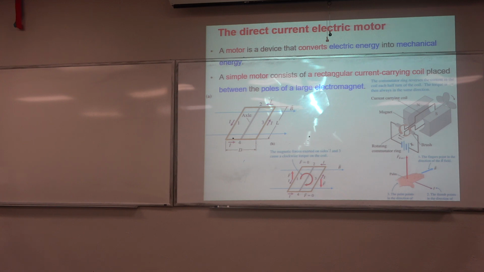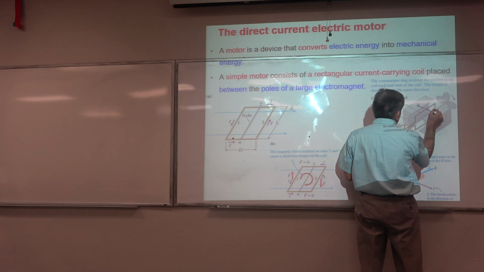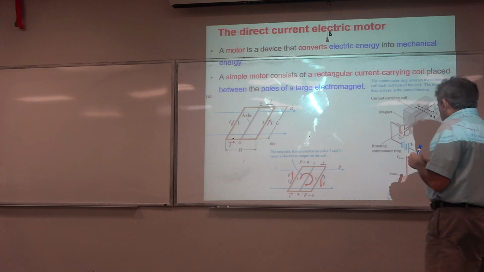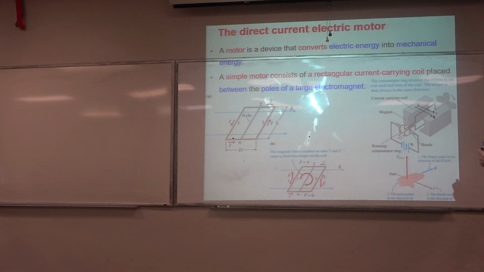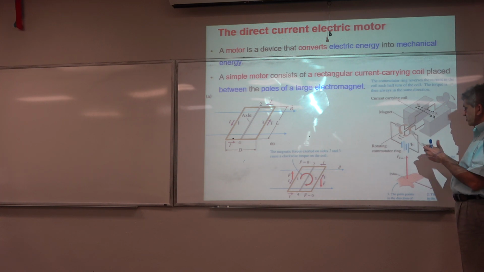Now what is going to happen is, you see the magnetic field lines move from north to south, right? This is the magnetic field lines. Now the current carrying wire, the current goes from the positive to the negative terminal. So let's say this is the positive terminal, current goes from here.